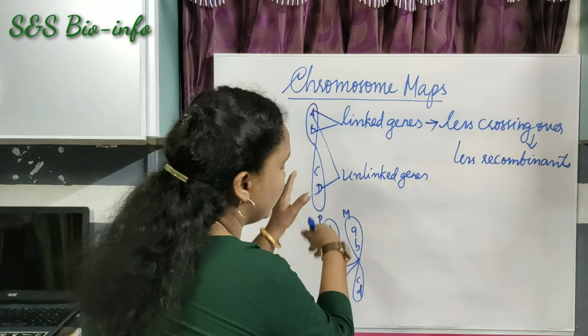The first chromosome map of the 4 chromosomes of Drosophila melanogaster, or fruit fly, was made by Alfred Henry Sturtevant in 1913.